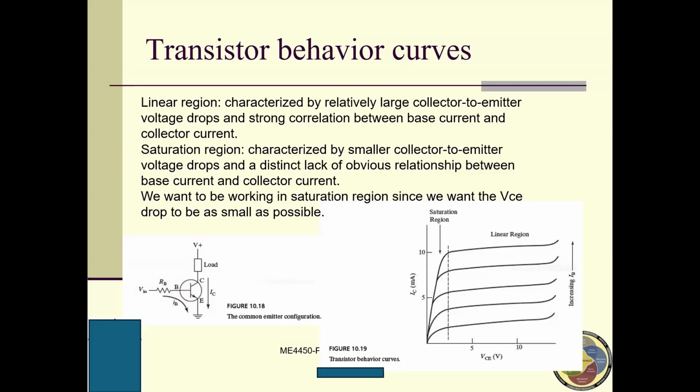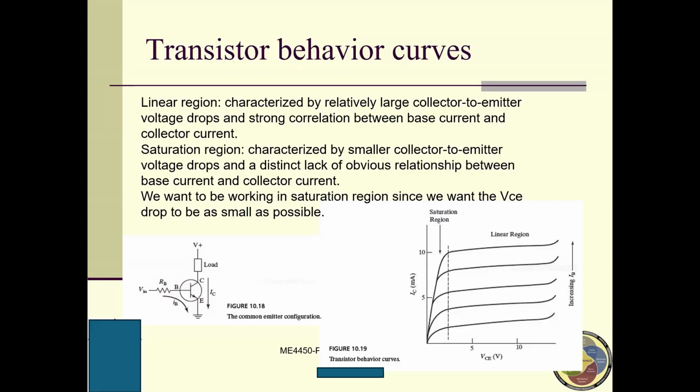Why? We want this guy to be as small as possible. Is that understandable, guys? Because of VCE, if this guy is very high, that means it will use a lot of energy. If this guy is very low, but we have decent current, then the electricity can be used to drive useful devices, for example, washer, fire, fans.